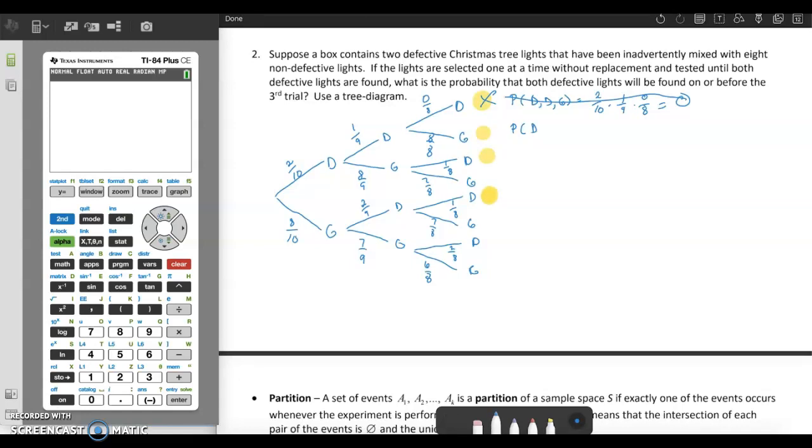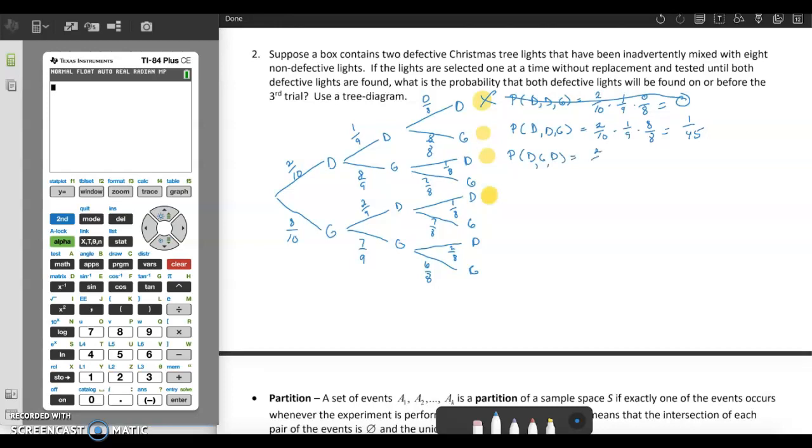Finding the probability of choosing a defective, and then a good, I would multiply 2/10 times 1/9 times 8/8. If I multiply that all out, you should get 1/45. Similarly, what's the probability of choosing defective, good, defective?